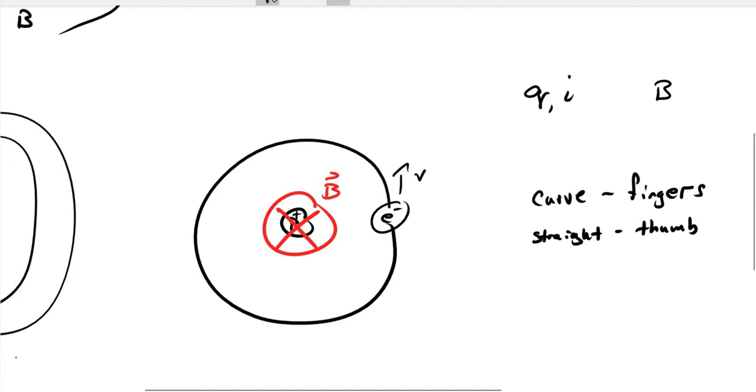In this case, we have the electron, or the charged particle, that is moving in that curved circular path. And so what we would do is we would allow our fingers to curve in the direction of where that electron is going. But if we do that, then our thumb pops out of the screen, and we have the magnetic field oriented into the screen. So why is that? Well, that's because we're dealing with a negatively charged particle.